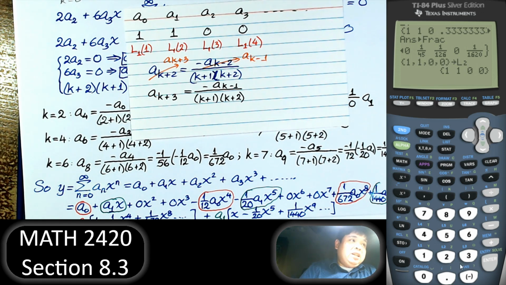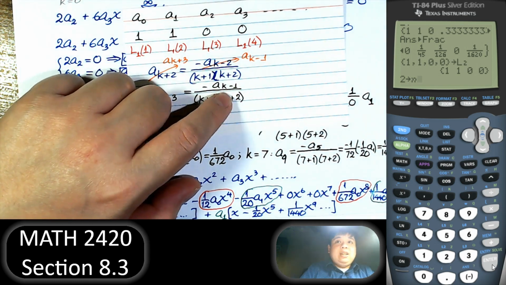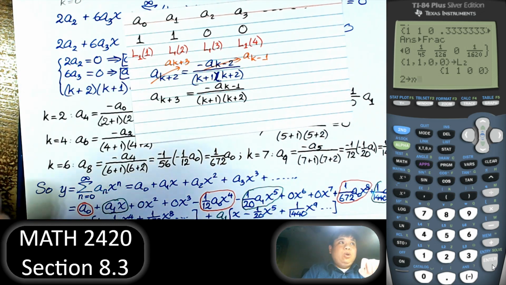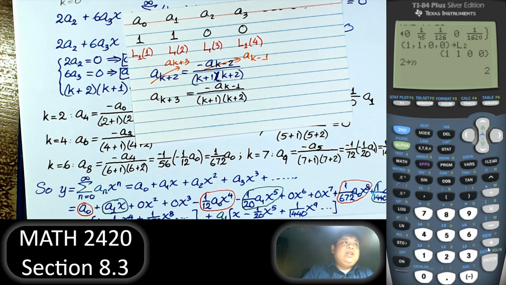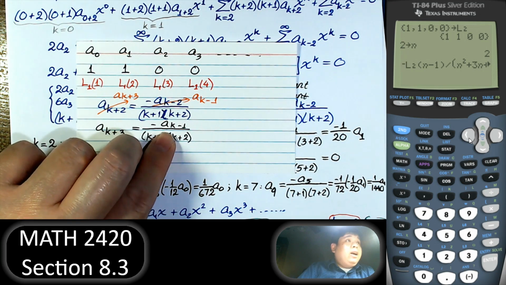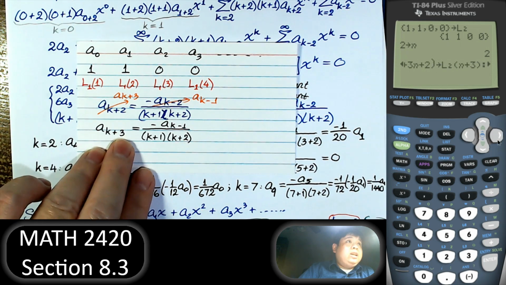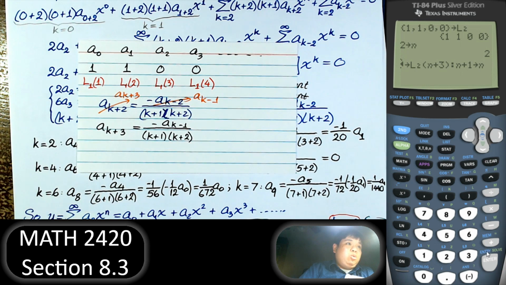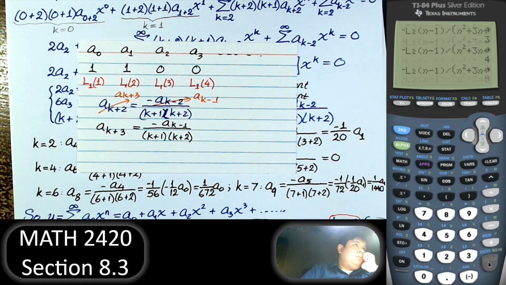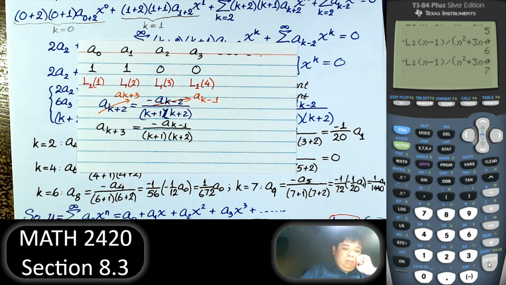So in this case we have to start from 2, because when we do that, 2 minus 1 is 1. So we actually have L2 of 1, which is what we have there. So do that first. Negative, okay, then n squared plus 3n plus 2, yep. Store into L2 of n plus 3, yes. Update n. Right, this should work now. That's enough. Right, now list 2.